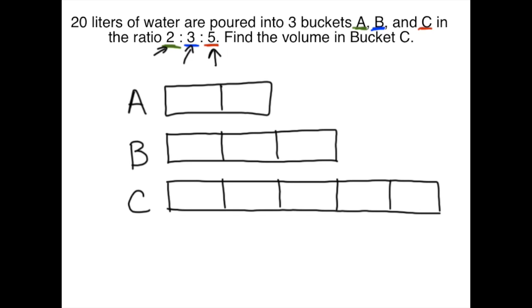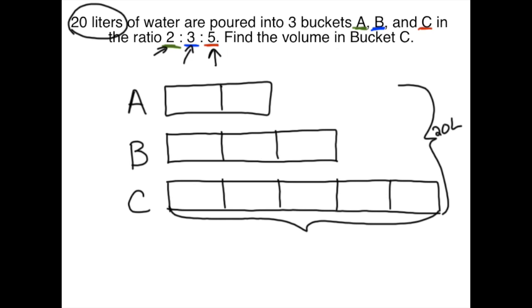Now, I'm told that 20 liters are poured into 3 buckets. So that means I'm going to want to add a bracket and label all 3 20 liters. And I want to find the volume of bucket C. So I'm going to write a question mark there. Now, do I have enough information to find what 1 unit equals?